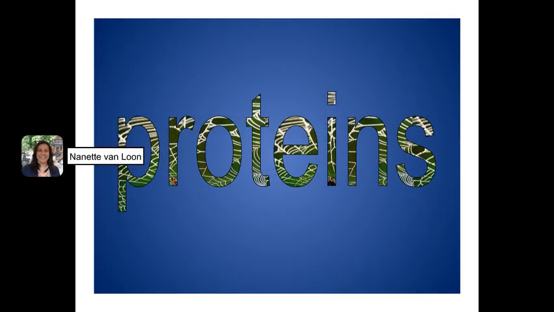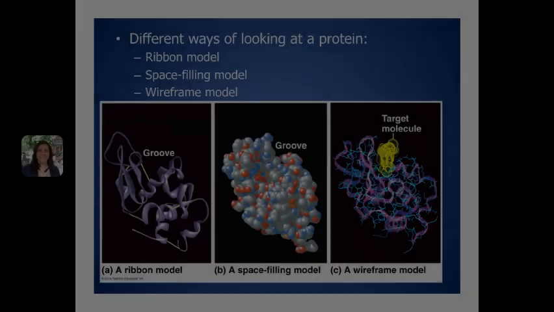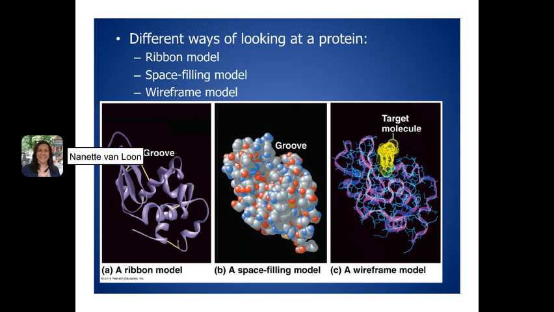The proteins constitute the third group of macromolecules that we'll be looking at in this chapter. We're looking here at three different ways of representing the protein lysozyme.